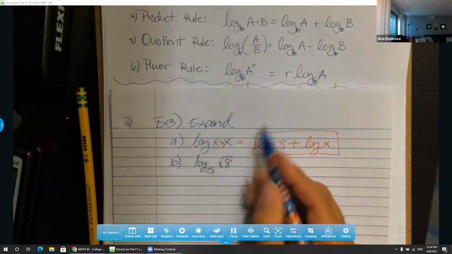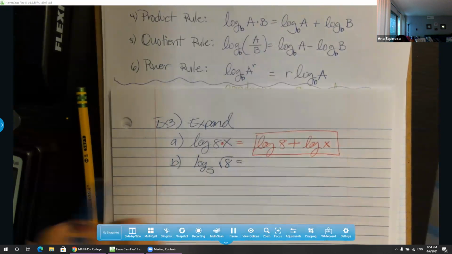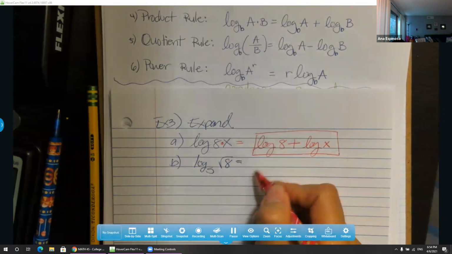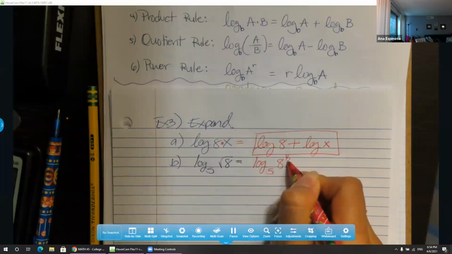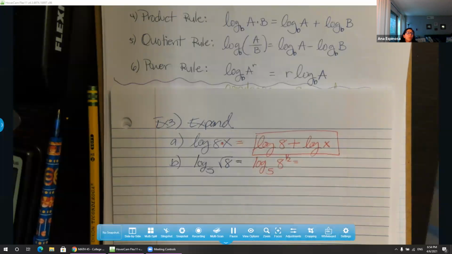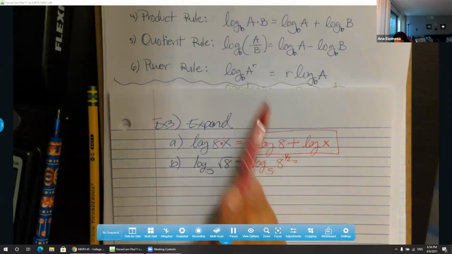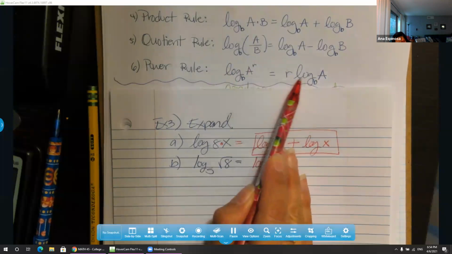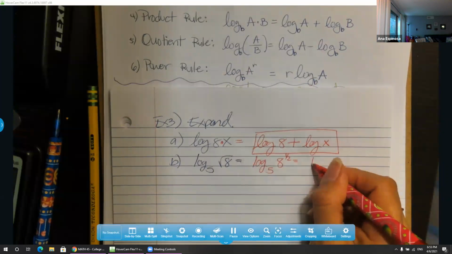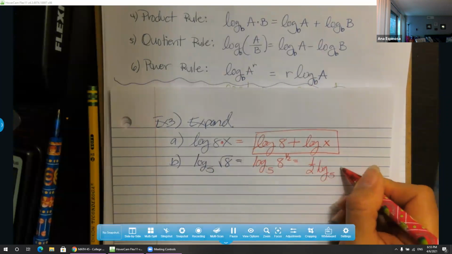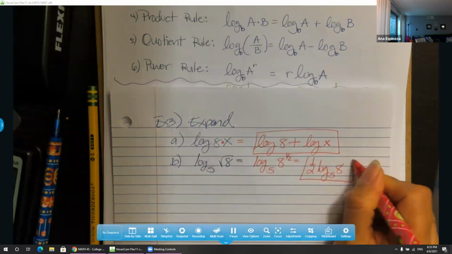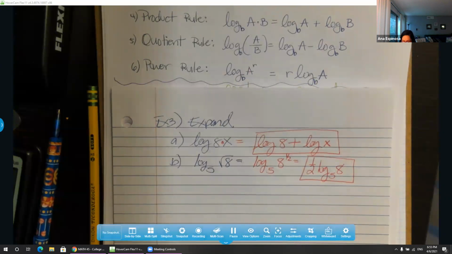This would be the one. That's the same thing as log base 5 of 8 to the 1/2. Square roots are 1/2 powers, and that's where you get the power rule to then come down to be able to expand. So the answer to this is 1/2 log base 5 of 8.